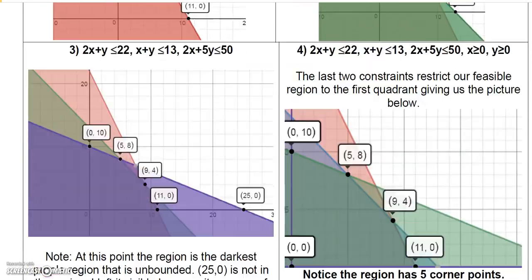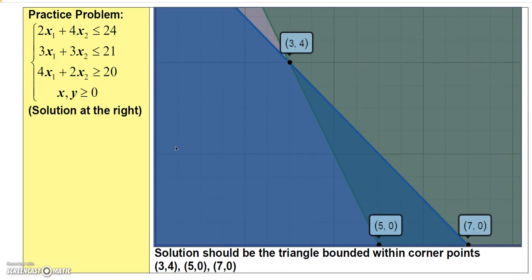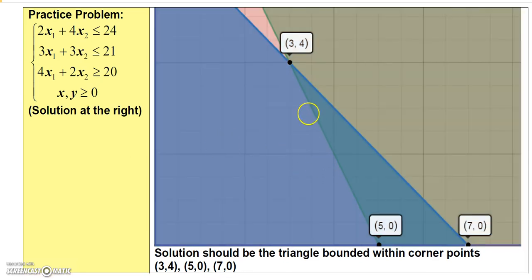So by just throwing in x1 and x2 being greater than or equal to 0, it actually makes this a bounded region.